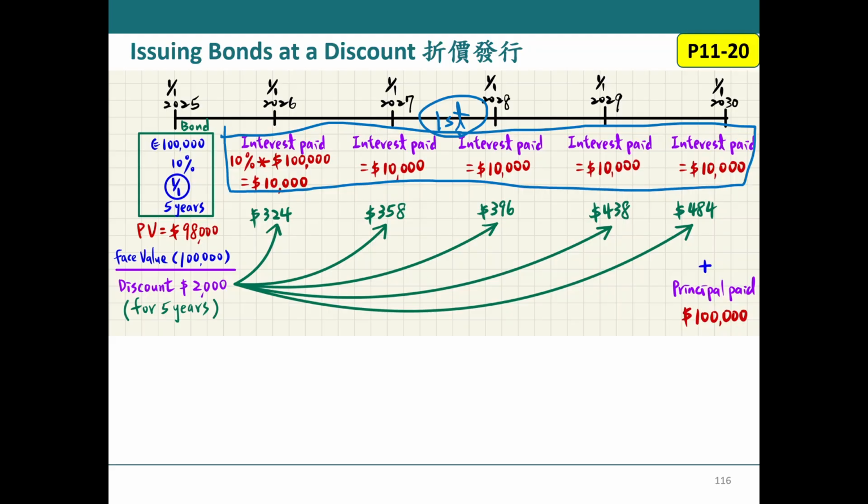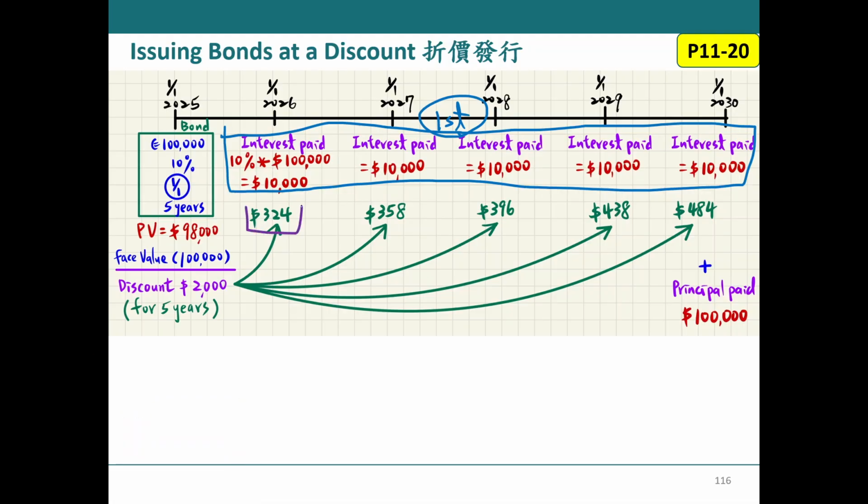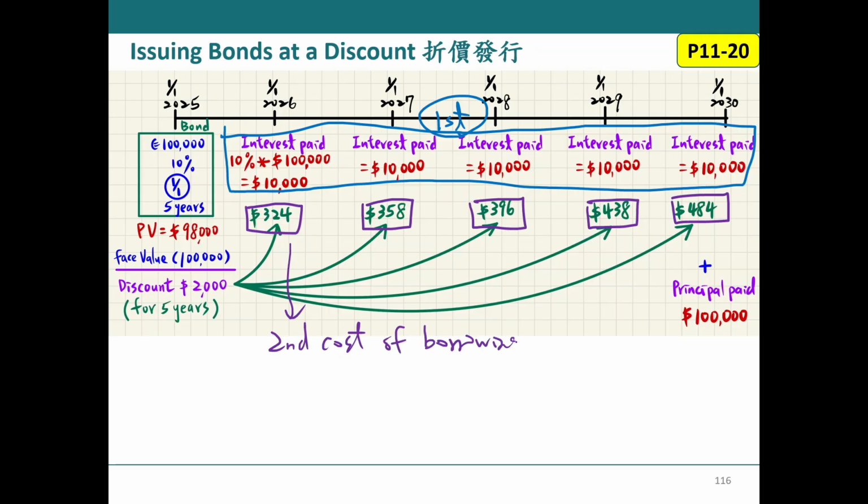We find our second cost of borrowing for each period. That's our purpose. We get the numbers finally.